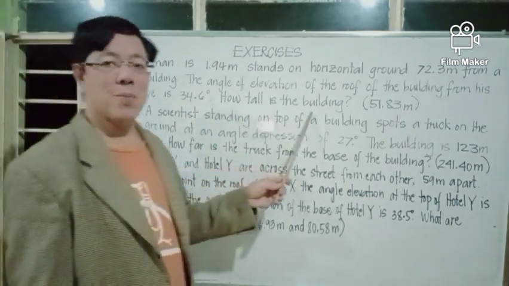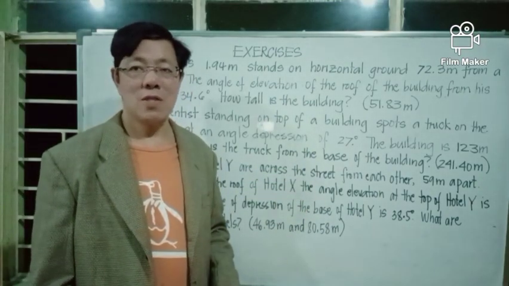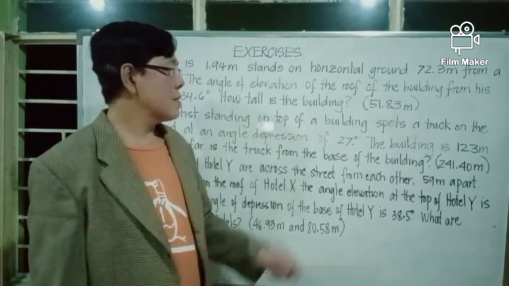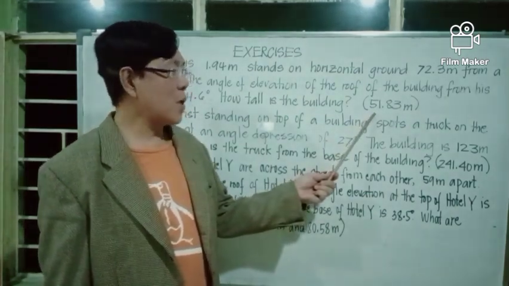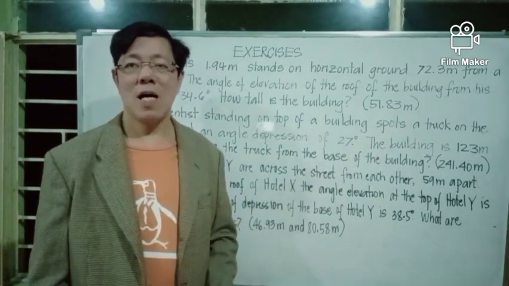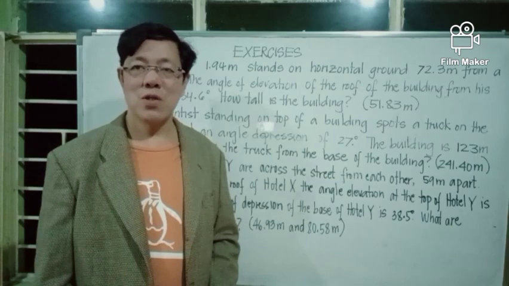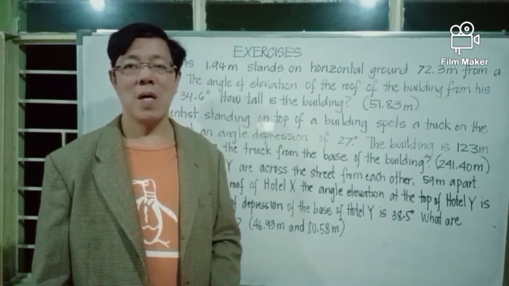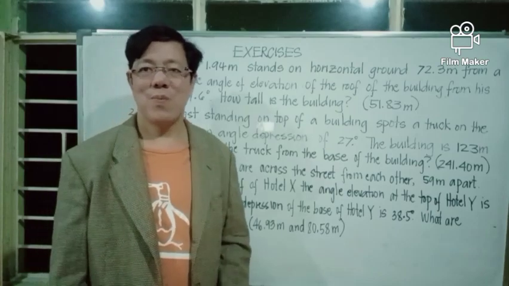How tall is the building? For you to be able to check your answer, I have given you the answer for this problem. 51.83 meters is the height of the building. But when you show your solution, show your diagram and indicate the given information in your diagram.